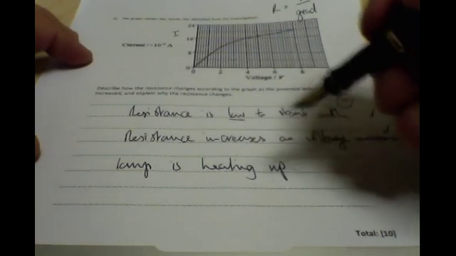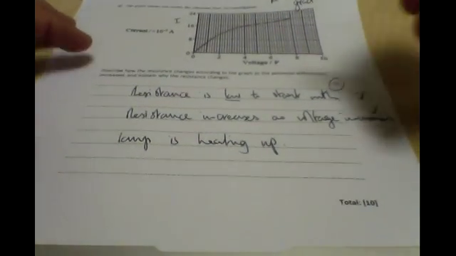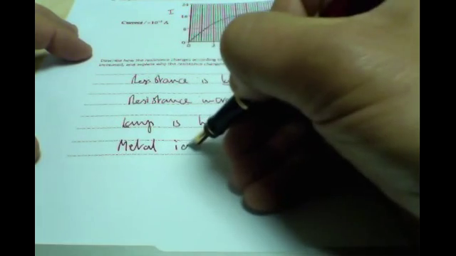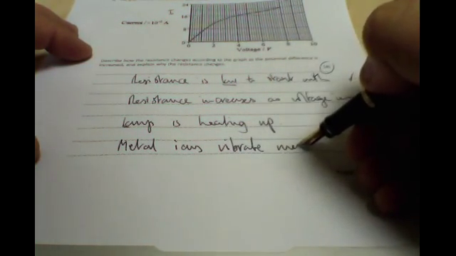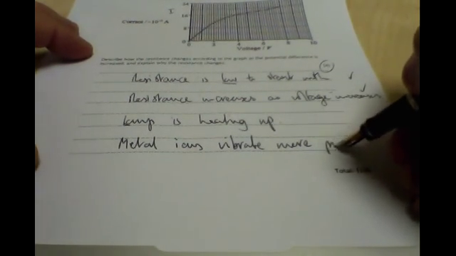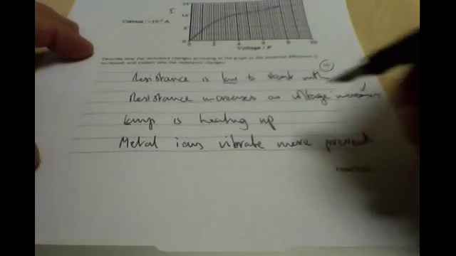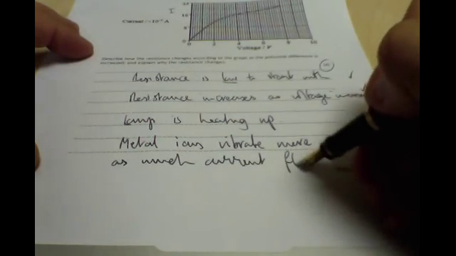So remember, this light bulb, when you put lots of voltage through it, is starting to heat up. And that in turn causes the metal ions to vibrate more, which prevents as much current flowing.